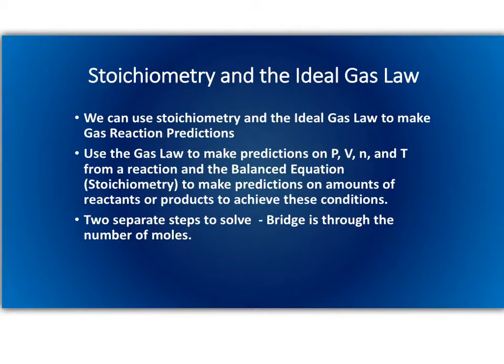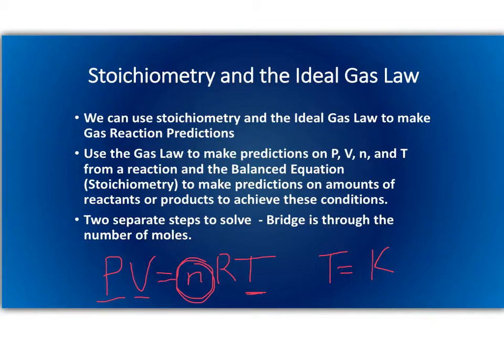So let's write the two equations here. Really we only need one equation: PV equals nRT, with small n and big R, and T is always in Kelvin. If we have a pressure and a volume and a temperature, we can predict n, and n, remember, is the number of moles of the gas.